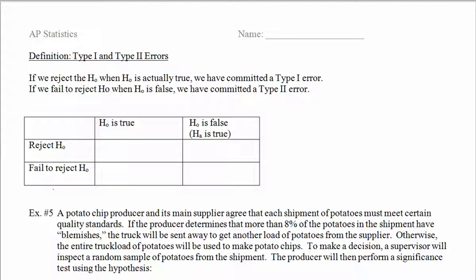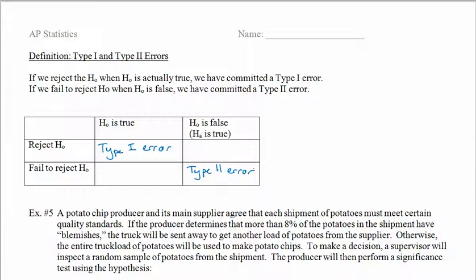Or H0 could be false, and perhaps HA is true, in which case we could reject or fail to reject H0 as well. So if we reject H0 when H0 is actually true, we have committed a type 1 error. And if we fail to reject H0 when H0 is false, we have committed a type 2 error.